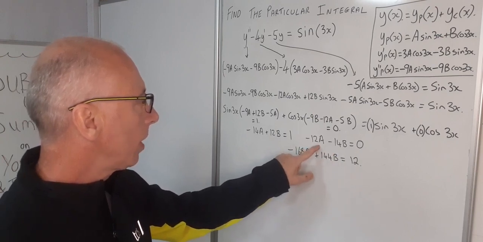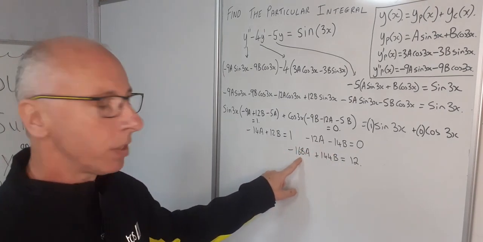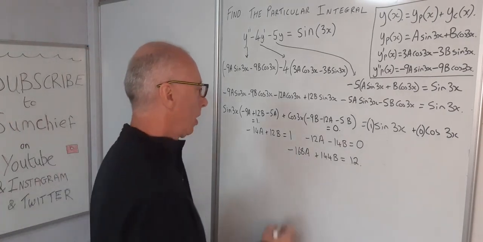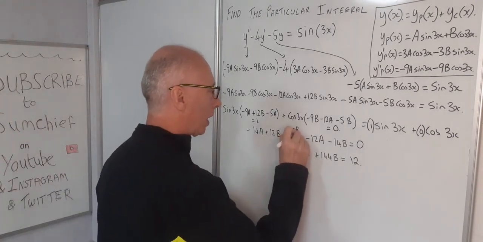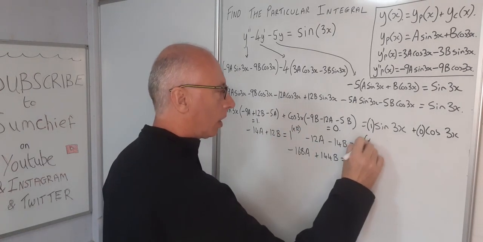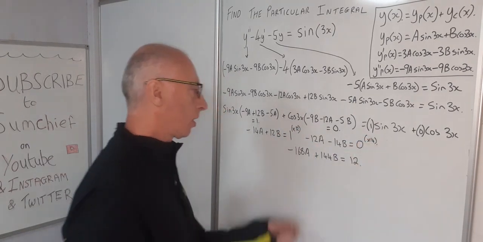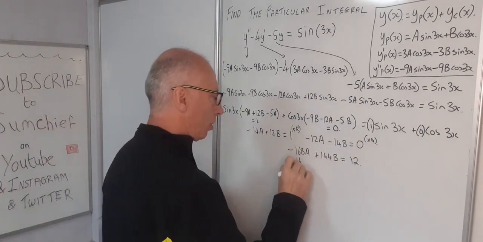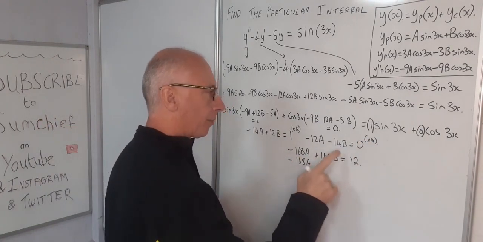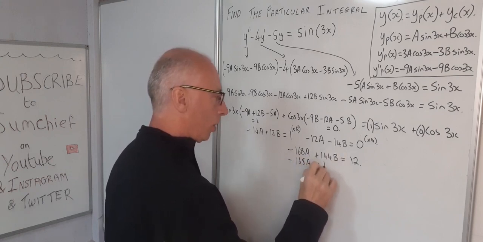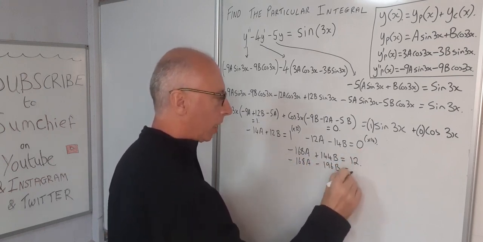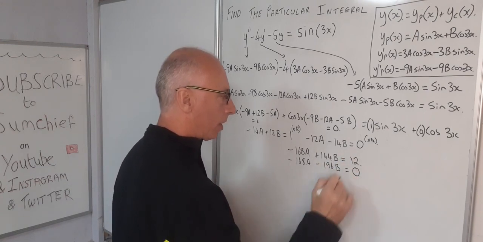So I reckon if I multiply this by 14, I'll end up with the same coefficient on the a, give me a chance to eliminate one of them. So just noting now, multiply by 12. Here I'm going to multiply by 14, so I get the a's to disappear. So minus 168a minus 196b, and then multiply that by 14, I'm still going to end up with 0.